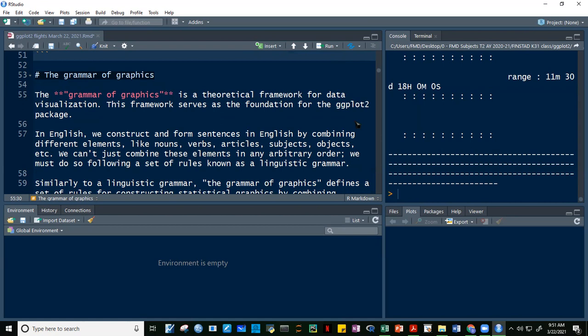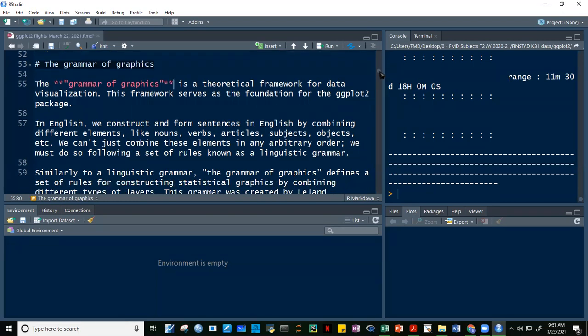It's how we do data visualization. And ggplot2 as a package makes use of the grammar of graphics. In a nutshell, guys, yung grammar of graphics, it tells us how to create plots. It tells us how to visualize data by means of layering.